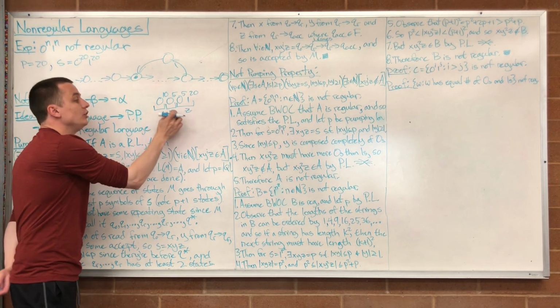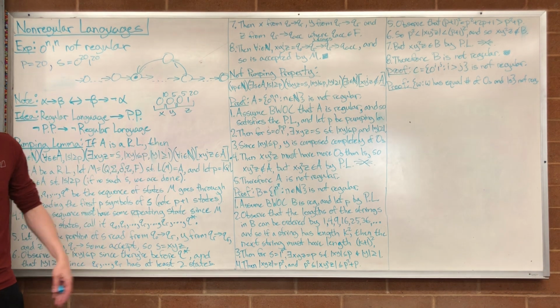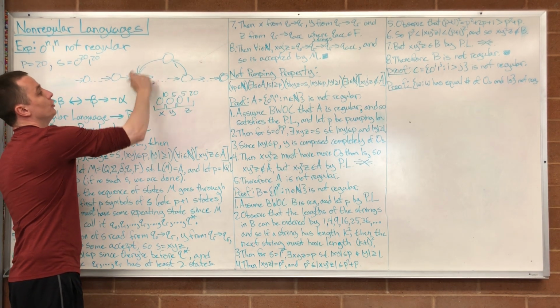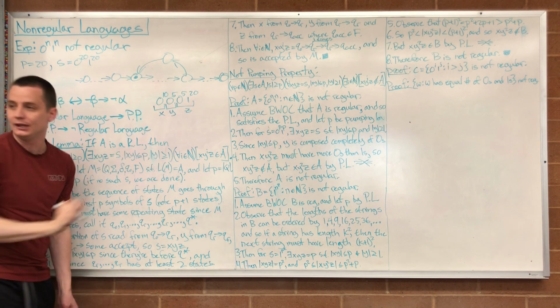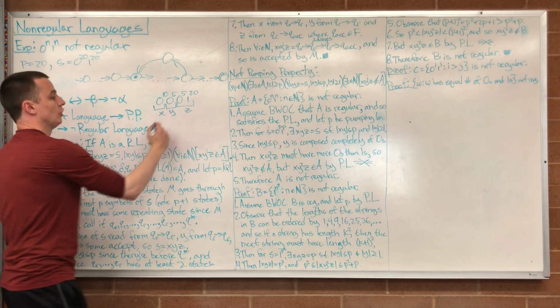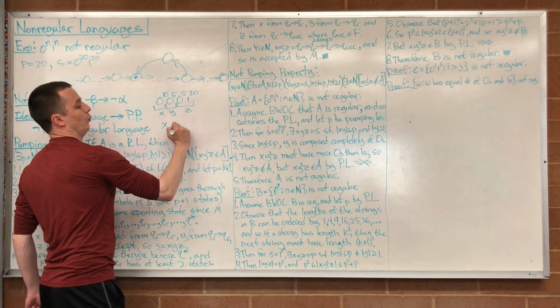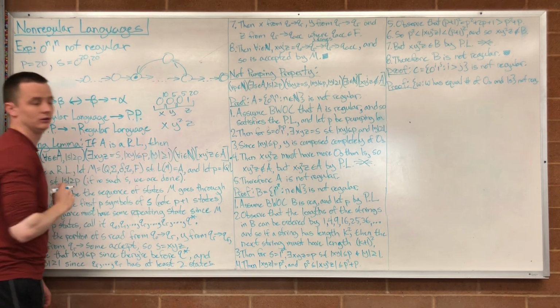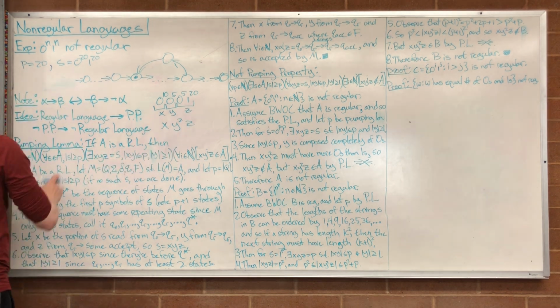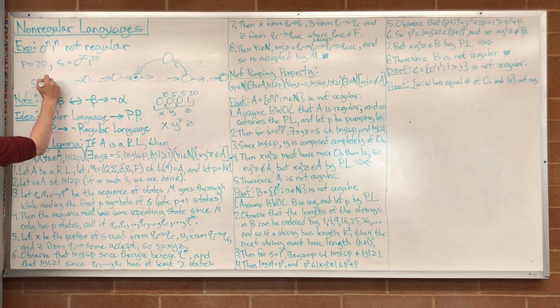So then, if we do the Y part twice, that should still be a string in his language. It should be perfectly valid to go along here, do the loop, go along here, and do the loop again, as long as we loop the same way. So it should be possible to do x, y twice, and then z. And if we do x, y twice, and then z, then that string is s equal to 0 to the 25, 1 to the 20.